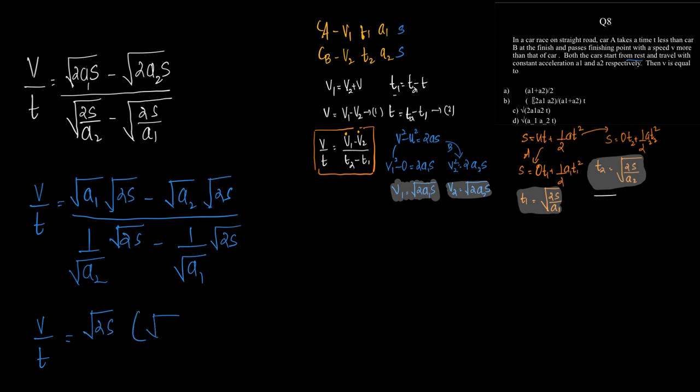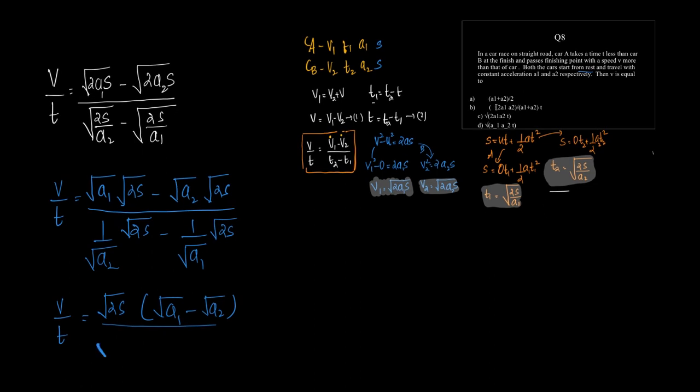So what we are left with is root A1 minus root A2, the whole upon root 2S into 1 by root A2 minus 1 by root A1.